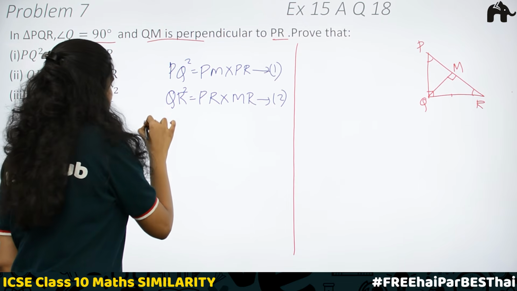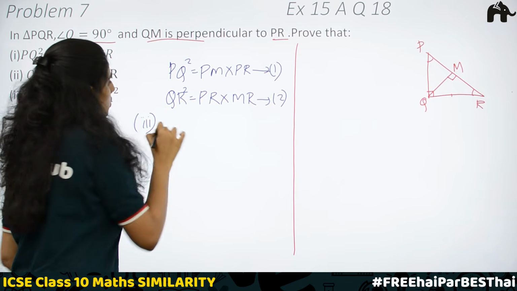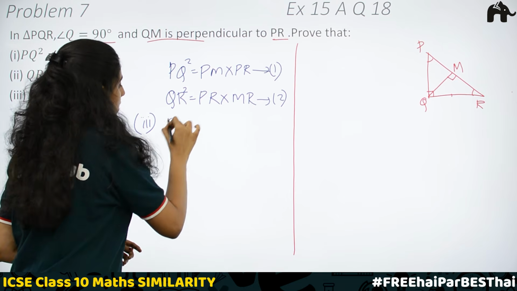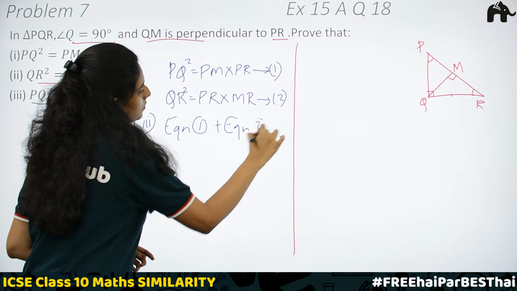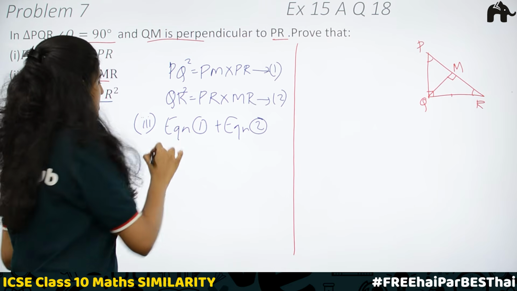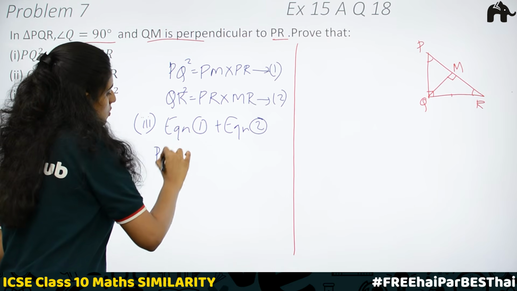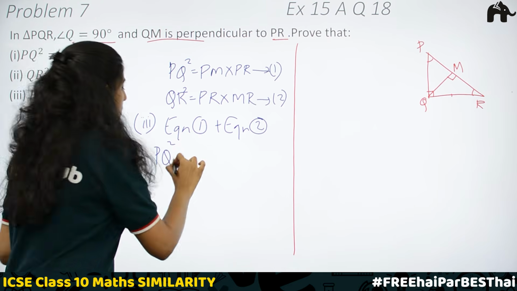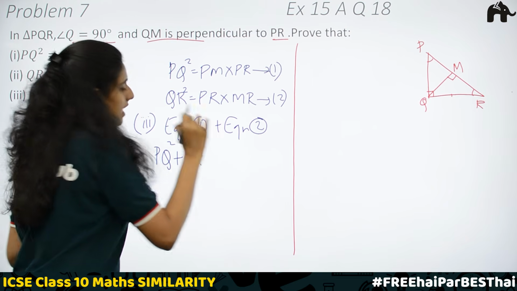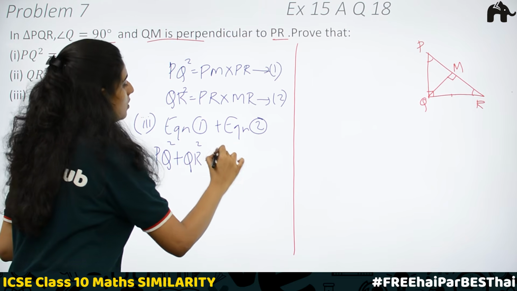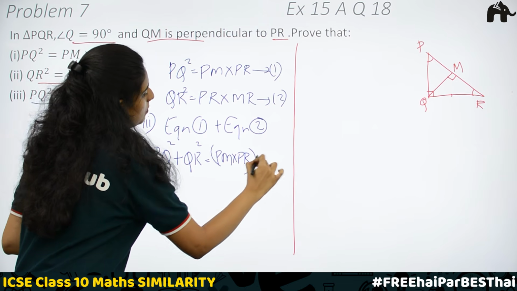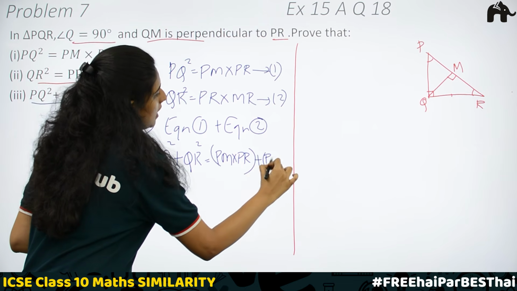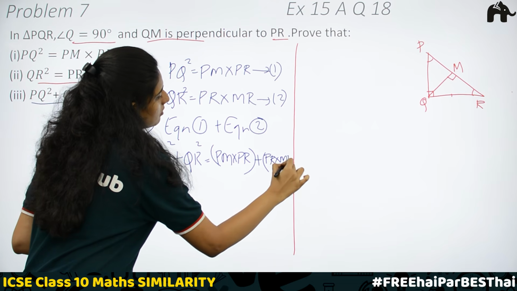To get the third part, I am going to add these two equations, equation 1 plus equation 2. What do we get? Left hand side, here we have PQ square from the first equation plus QR square from the second equation. That is equal to PM into PR plus PR into MR.